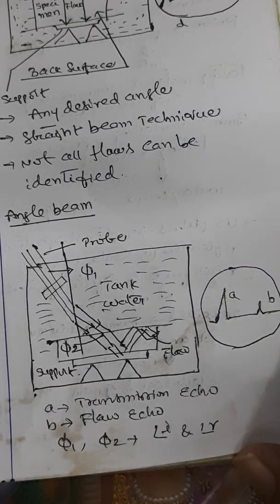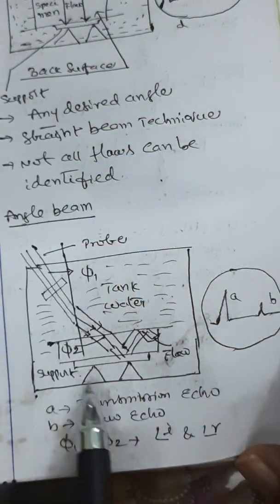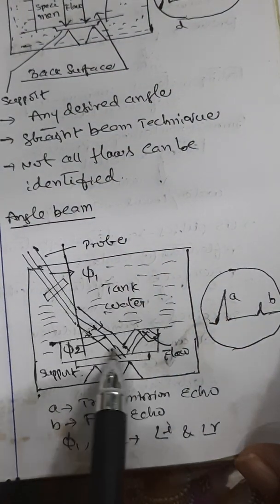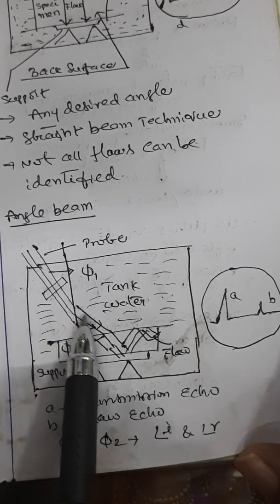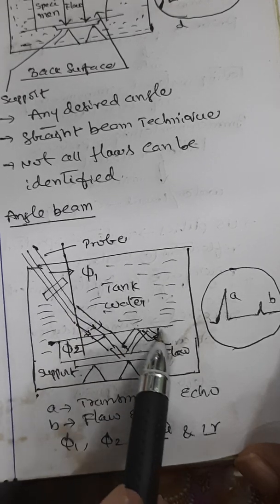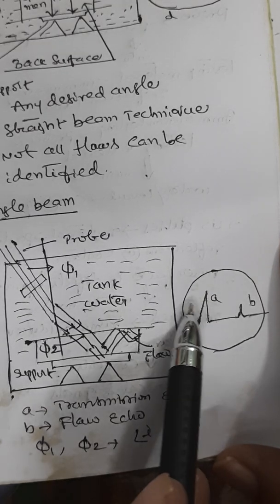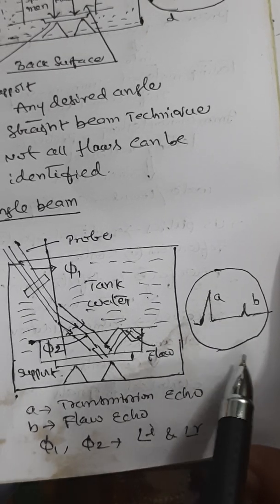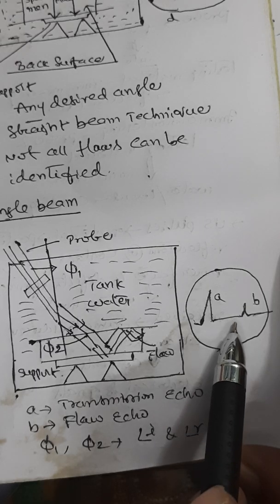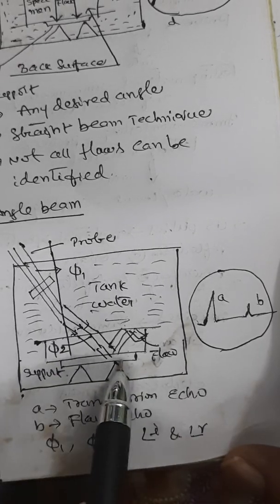So in order to identify those flaws which are not traceable in the straight beam technique, we use this angle beam technique, where there is an incident angle and a refracted angle, and the flaw can be identified clearly in the CRT screen as a transmitted echo as well as a flaw echo. So these two are the angle of incidence and angle of refraction.